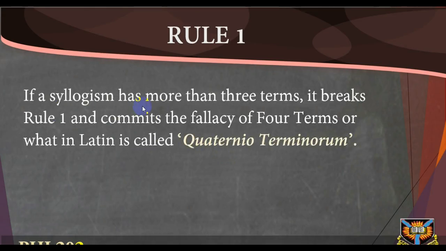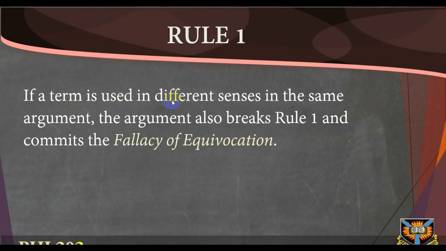If a syllogism has more than 3 terms, it breaks Rule 1 and commits the fallacy of four terms, or what in Latin is called quaternio terminorum. If a term is used in different senses in the same argument, the argument also breaks Rule 1 and commits the fallacy of equivocation.